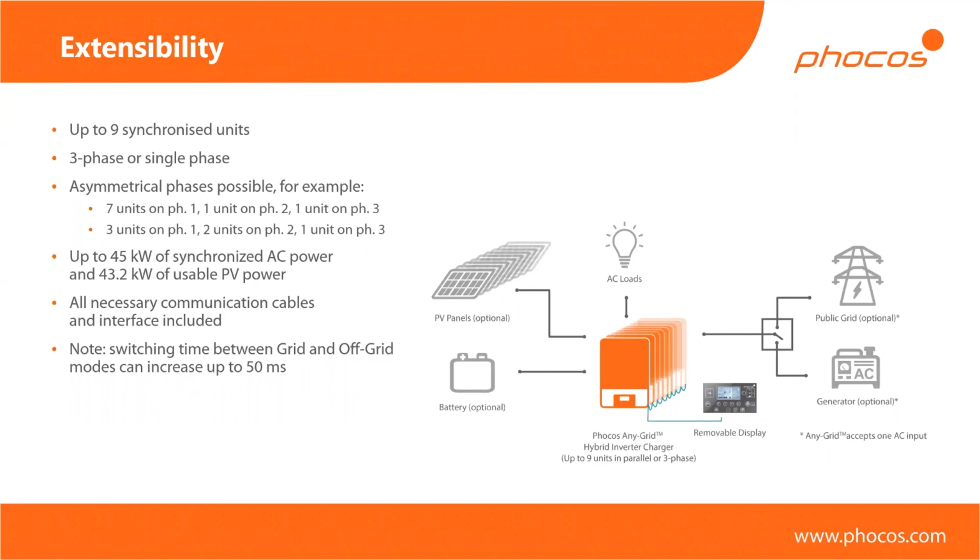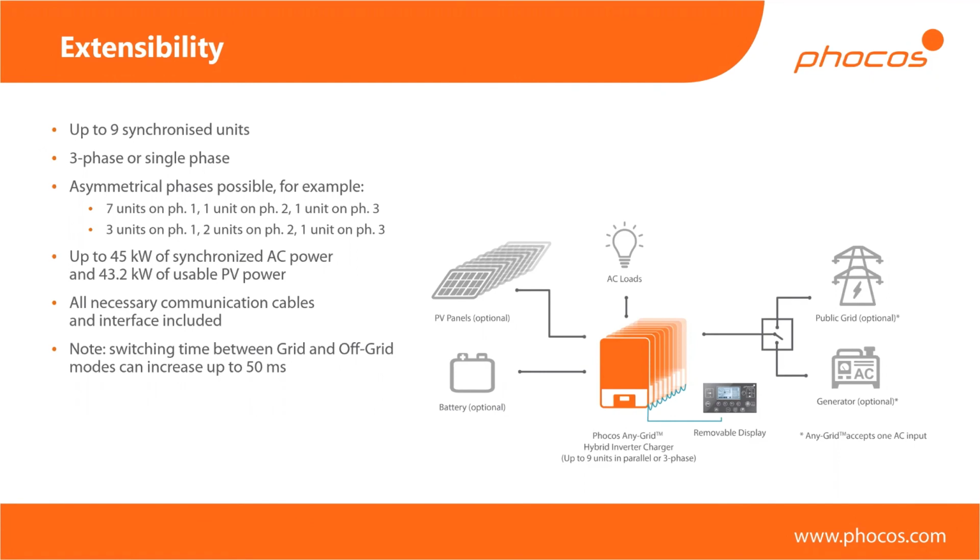Now, the extensibility, I think, is extremely important for these devices as well, because you saw we have 3 and 5 kilowatt units, but you may want more than that. So any of these models can be hooked up to 8 further units for a total of 9 units per system of synchronized inverters.